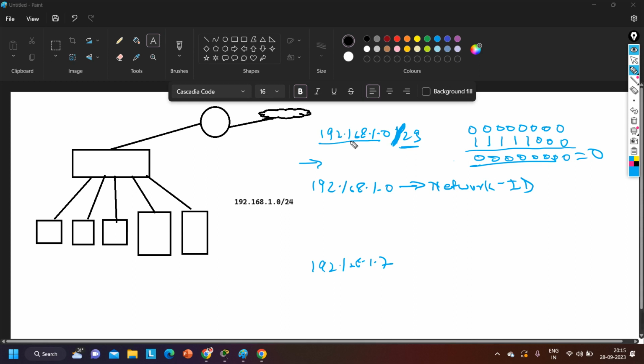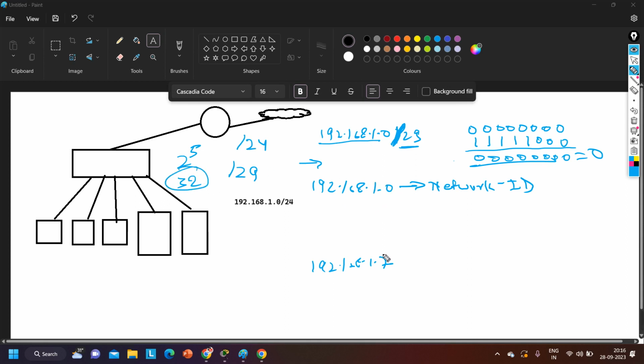Class C. And the default slash value for class C is 24. What slash value are you using? 29. So how many bits have you borrowed? 5 bits for subnetting. That means 2 to the power 5 networks are there, which means 32. Yes, there are 32 networks.